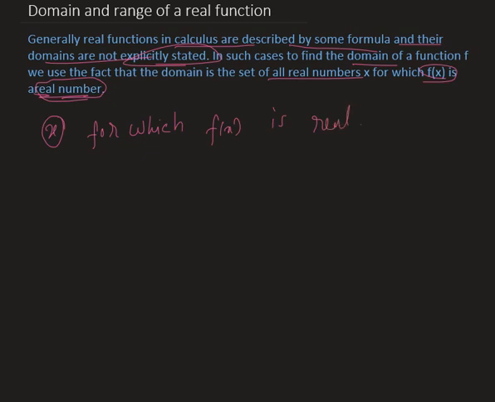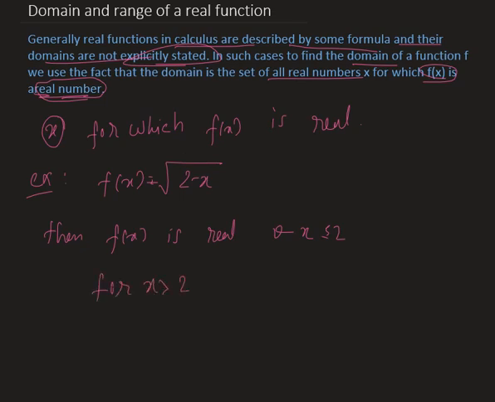For example, suppose f(x) is equal to root over 2 minus x. Then f(x) is real for all x less than or equal to 2, and for x greater than 2, f(x) is not real.